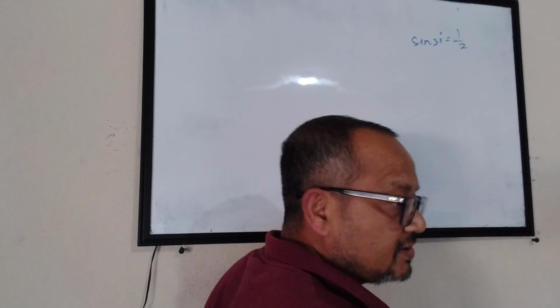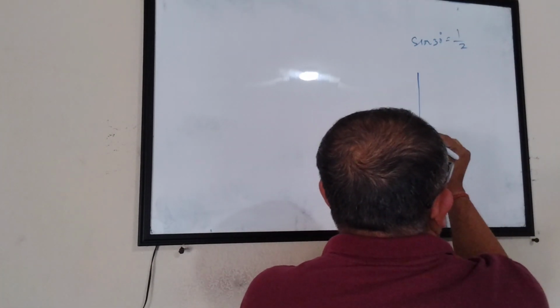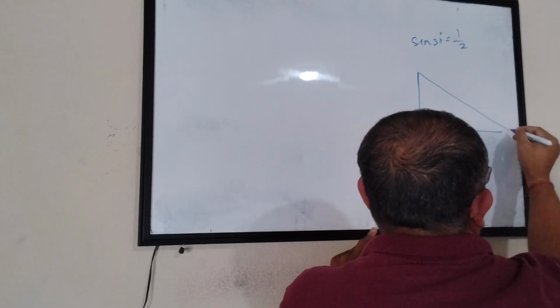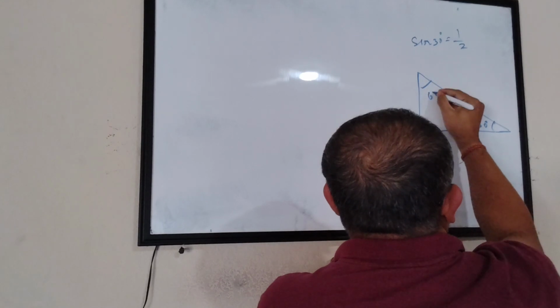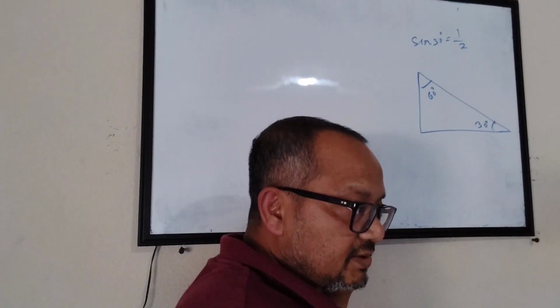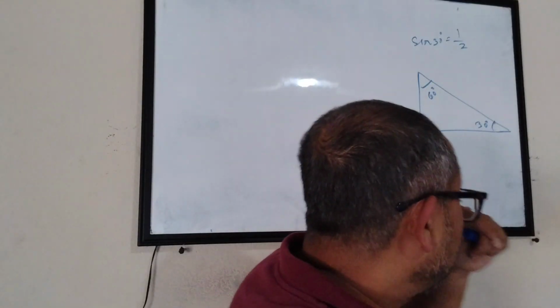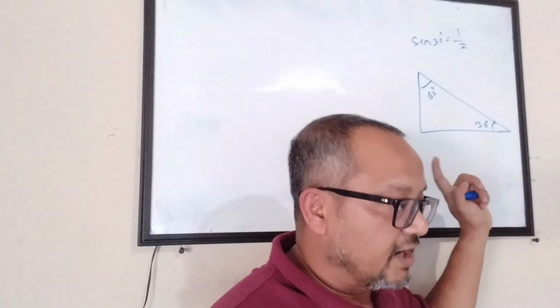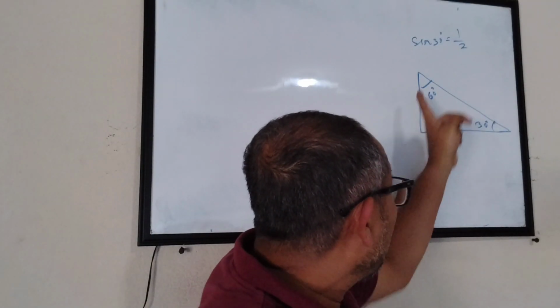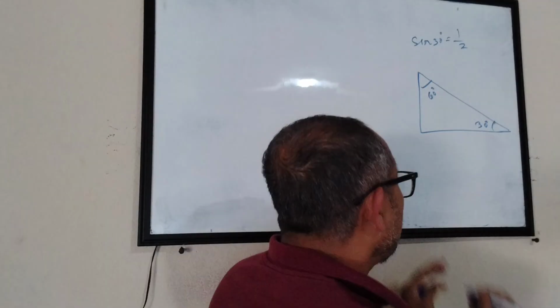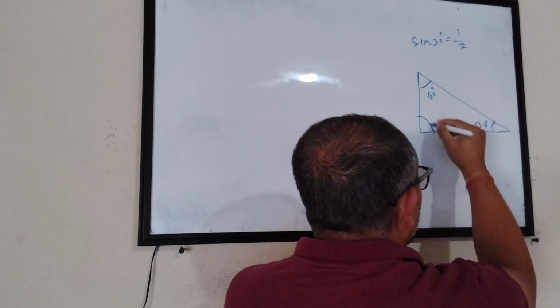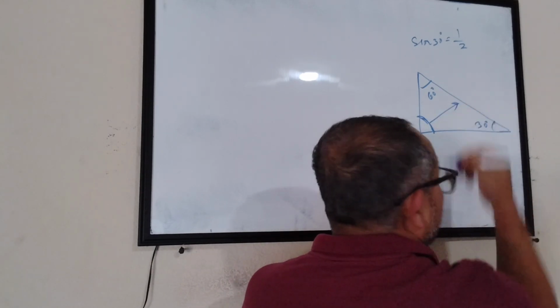Now let's look at it. Let's say this is 30 degree and this is 60 degree. Another thing that we know about the property of the triangle is the angles are in the same proportion as the sides. If you look at this angle, this is the biggest angle, so the side opposite to that will be the biggest of all.